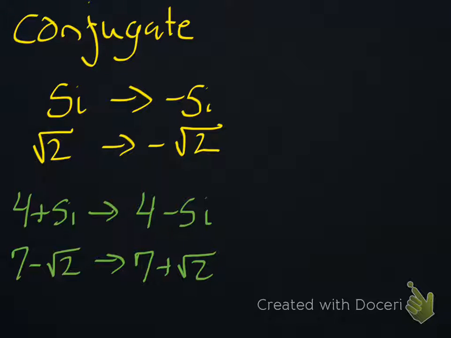rational roots. So if I tell you that your zeros are -3 and 2i, what is one of the zeros that's not listed that we need to fill in?